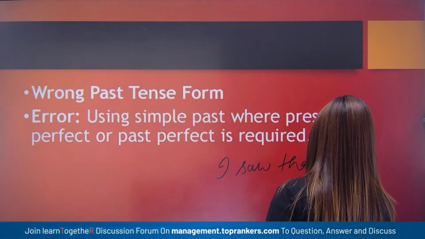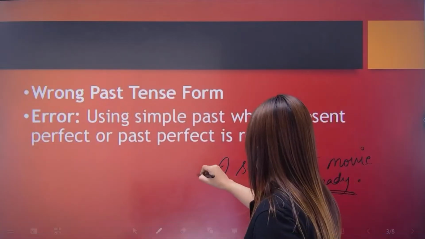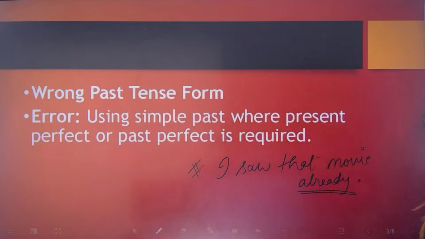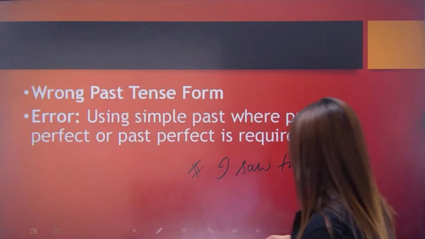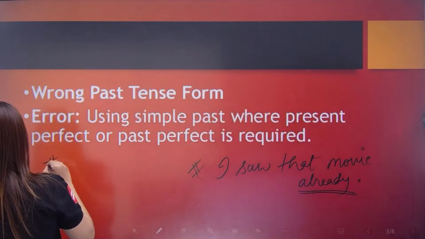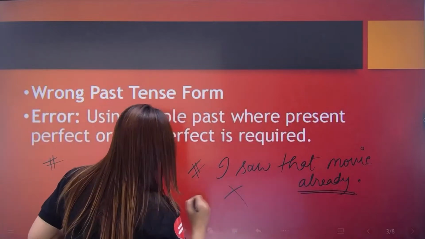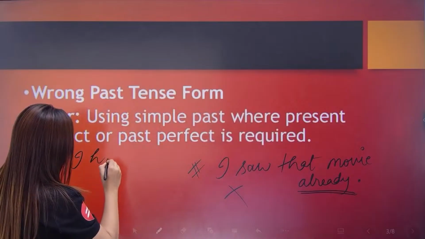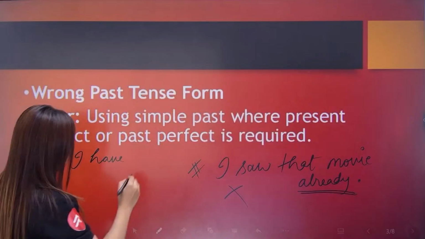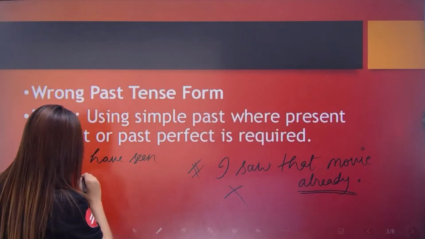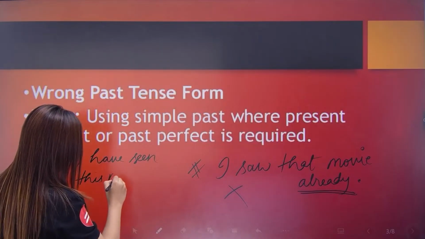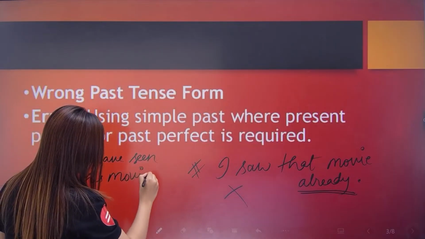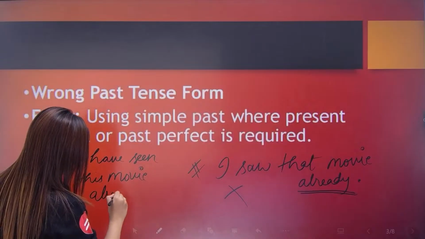So you can easily see the time expression already. And that means here simple past tense does not really suffice. So then what are we supposed to use here? Anyone? So this is incorrect. The correct usage of tense here would be I have seen this movie already.